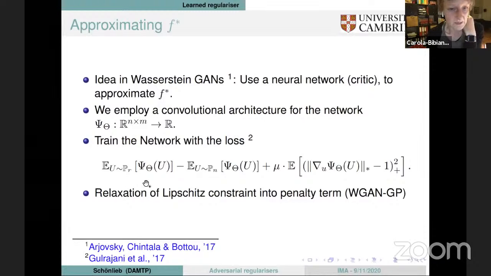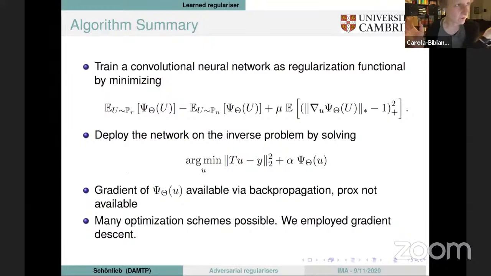And of course I have only empirical distributions when I'm optimizing this. The summary is that I first train the regularizer, which will be psi theta, where theta are the parameters in the neural network. Once I've trained this, I plug it back in and solve my variational problem by, for instance, gradient descent.